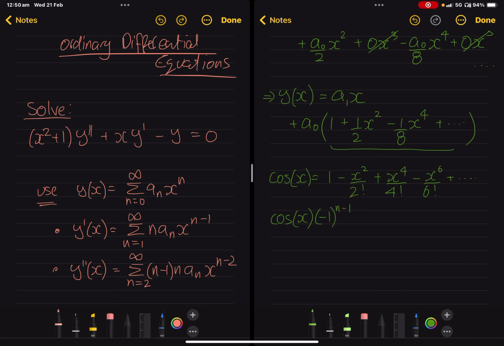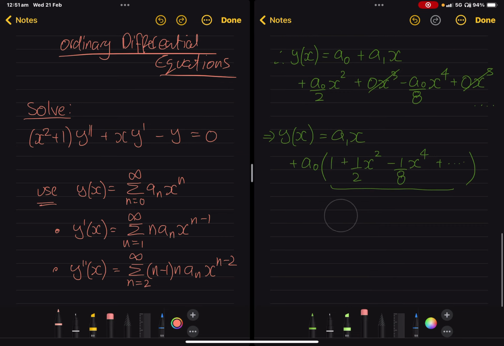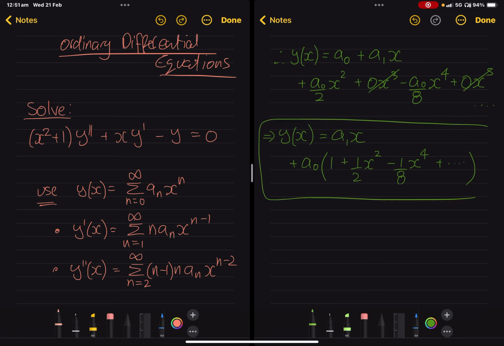So whatever the cosine terms are, then some of them shifted. But likely this is not actually going to be any known function, or if it is a known function, it's going to be a slightly more complicated variant of a function. And so this is the solution that we're after in its series form.